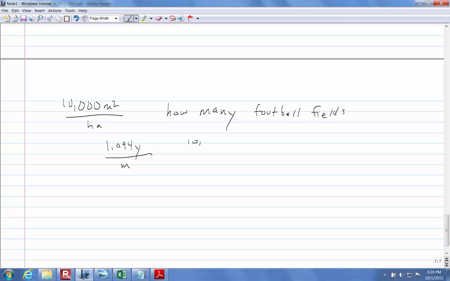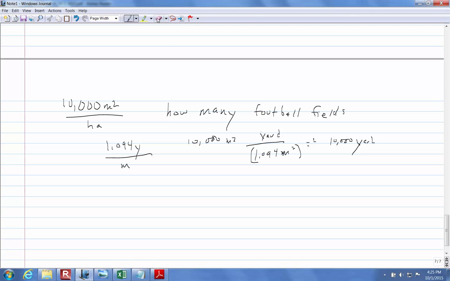So 10,000 square meters, divided by, it's almost the same, 1.094 squared, per yard. So it's roughly 10,000 divided by 1, that's kind of a senseless thing. So we got about 10,000 square yards. But I can't do it that way.